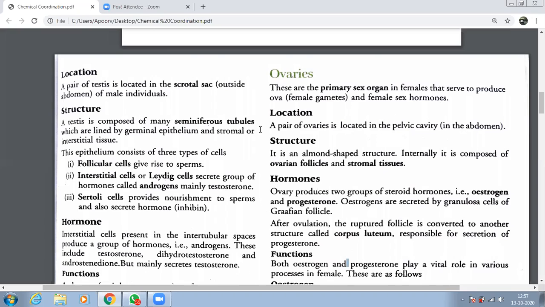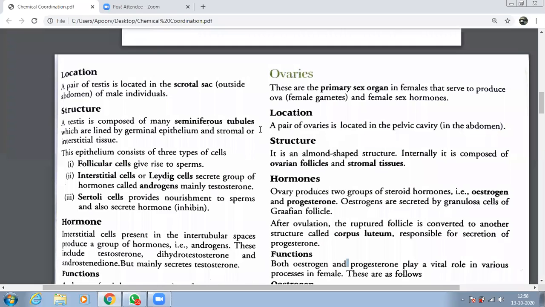Yes, it gets ruptured, damaged. Why do you think it gets ruptured or damaged after ovulation? What happens in ovulation? Ovaries produce what? Ovum, that is ovulation.